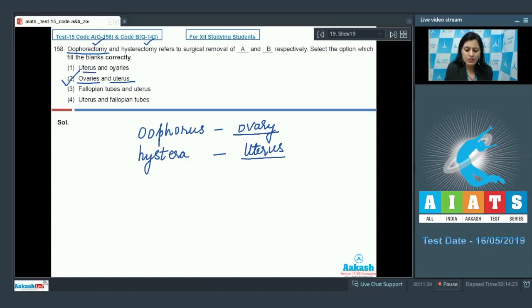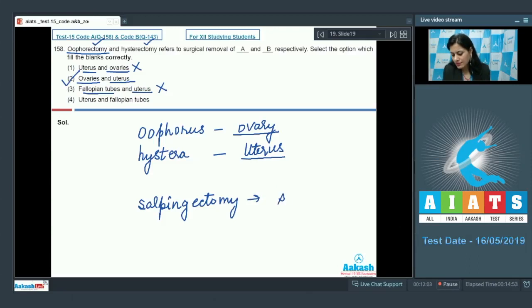The very first option given is uterus and ovaries, and this cannot be a correct answer because surgical removal of ovaries is known as oophorectomy. The next option is fallopian tubes and uterus, and this cannot be a correct answer to our question because surgical removal of fallopian tubes is known as salpingectomy.